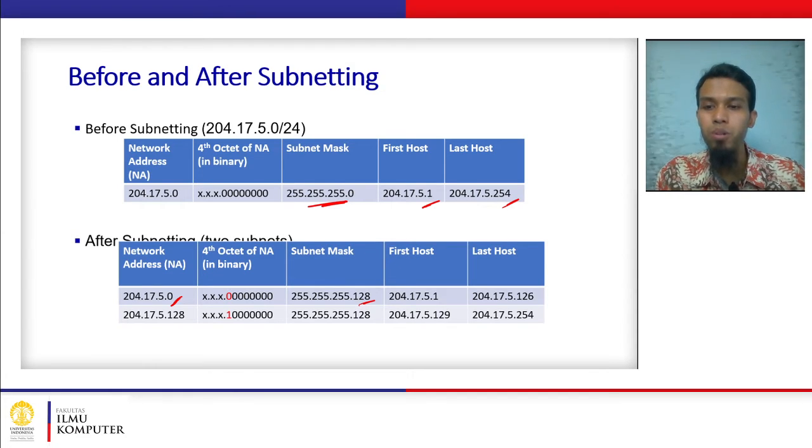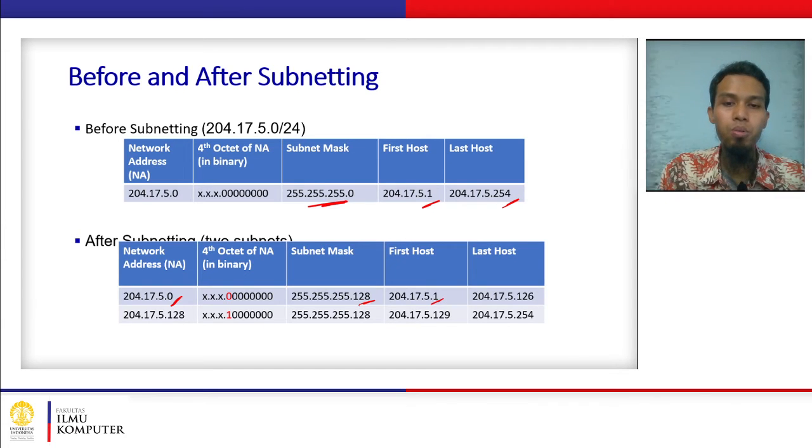So this is from 0 to 127, and the hosts are from .1 up to .126.